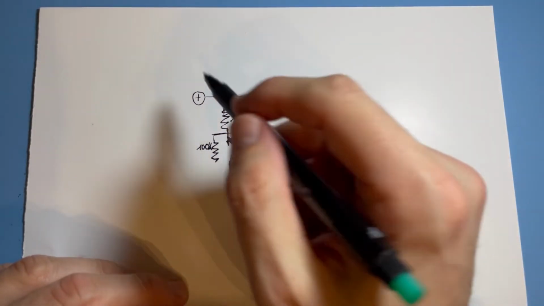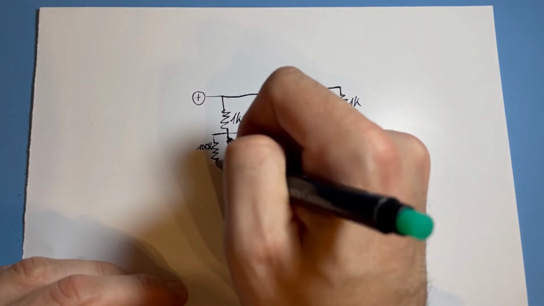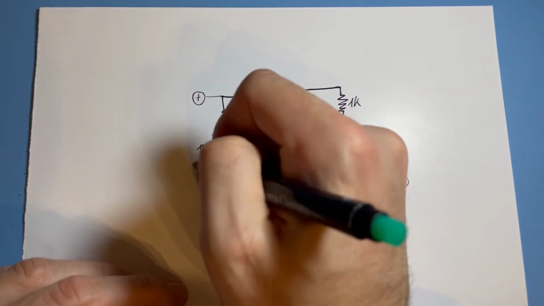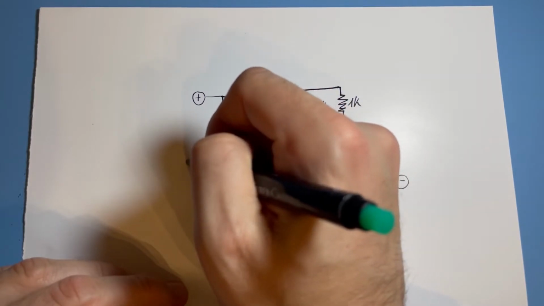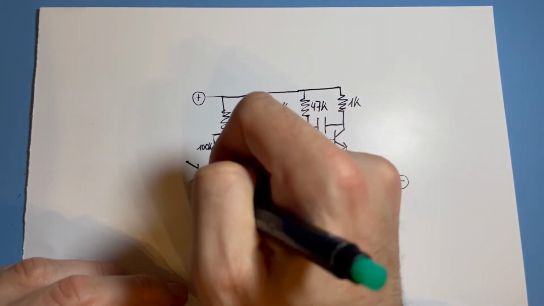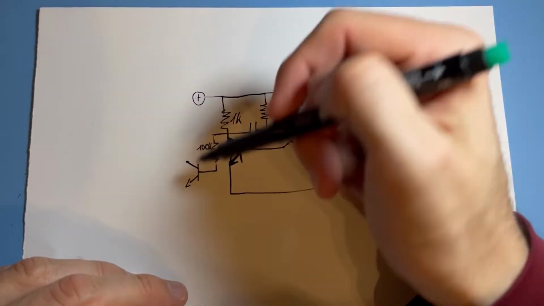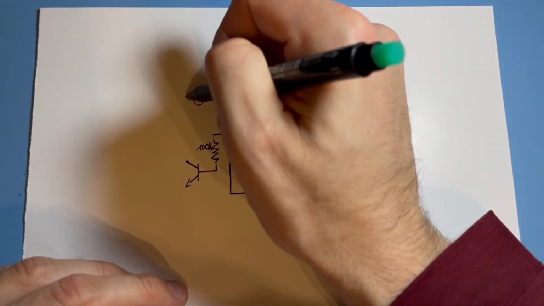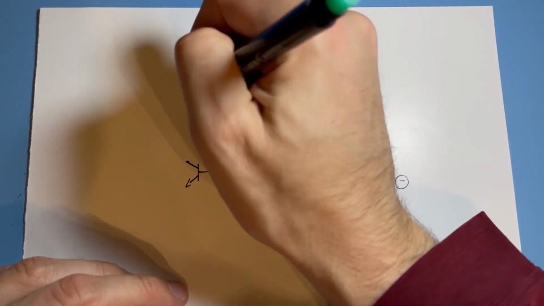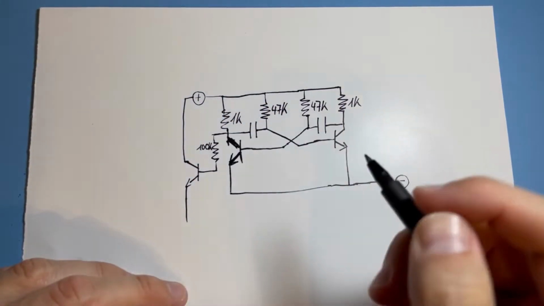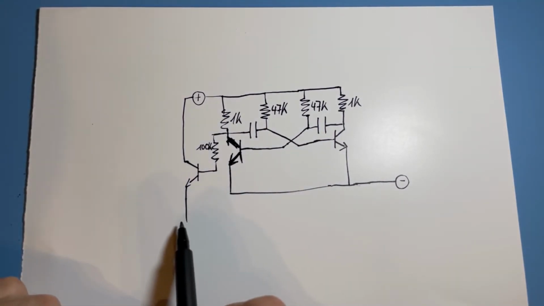And that resistor goes into the base of another transistor, our output transistor here, and we connect plus to that transistor, and that's the real output now.